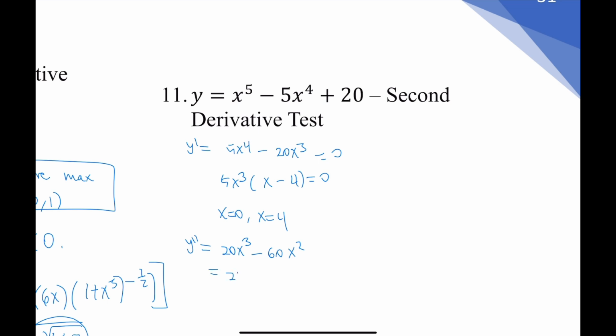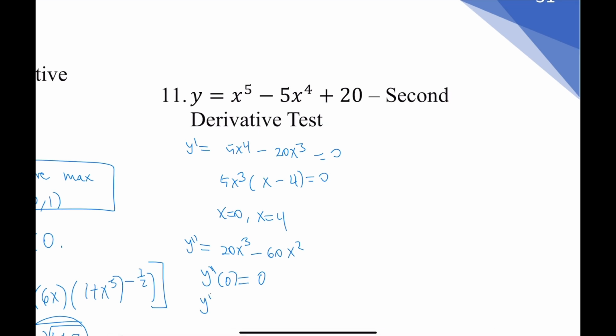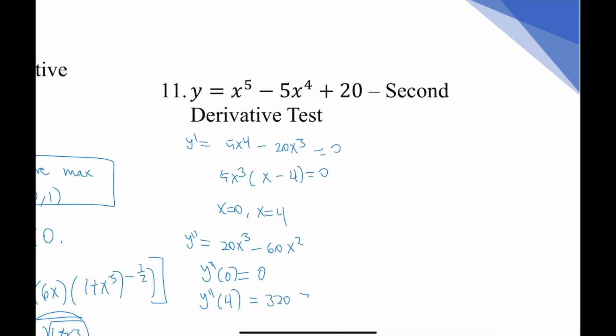So we can factor out 20x squared, so x minus 3 equals 0, even though this is not needed actually. Got confused. And then y double prime of 0 equals 0, right? Which doesn't count. And then y double prime of 4 is equal to 20 times 16 minus 60 times 16, okay, is 320, which is greater than 0.